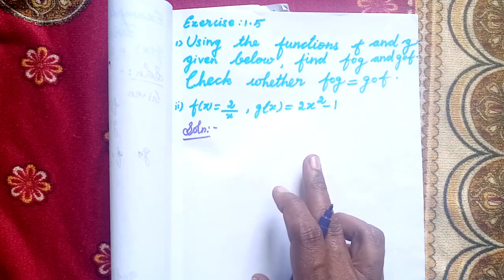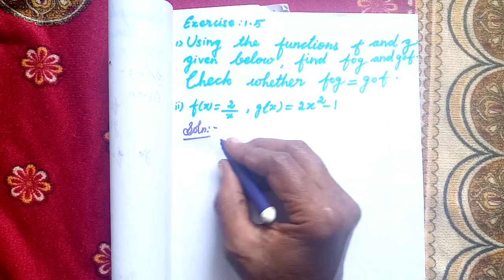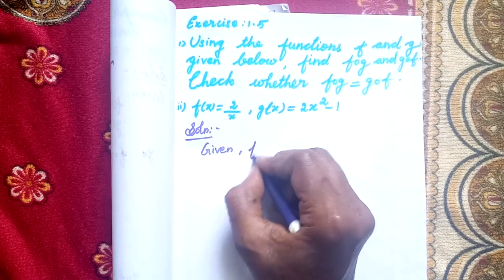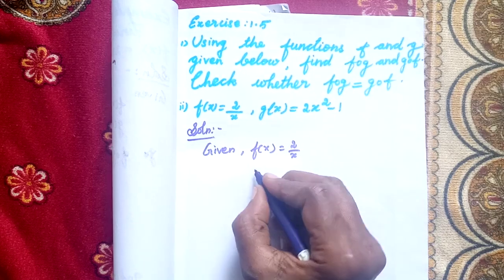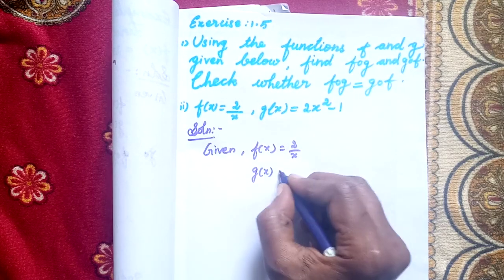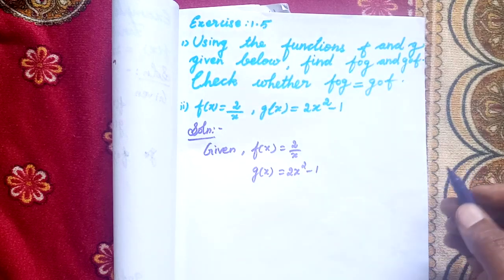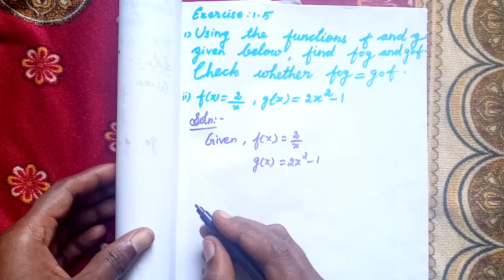Now I am going to explain the second problem. Here f of x is given. F of x is equal to 2 by x. Next g of x is equal to 2x square minus 1. What we have to find out? F composite g and g composite f.